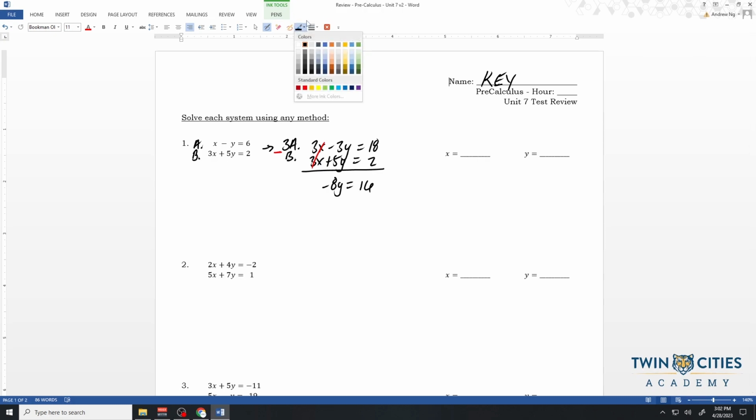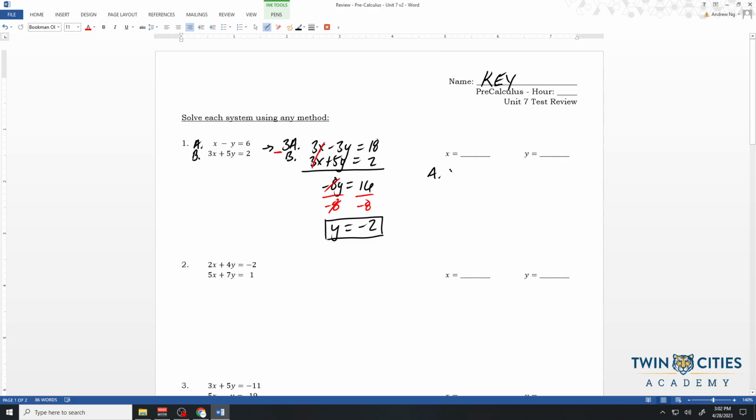Then I can solve for y by dividing both sides by this negative 8. Y is equal to negative 2. Once I've solved for one of the variables, I'll take this and plug it into one of these equations. So let's plug this into A. A is x minus y equals 6.